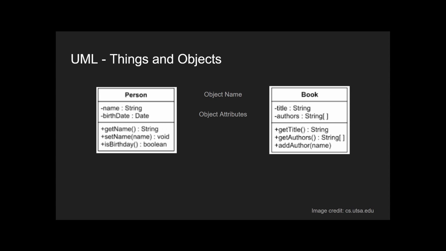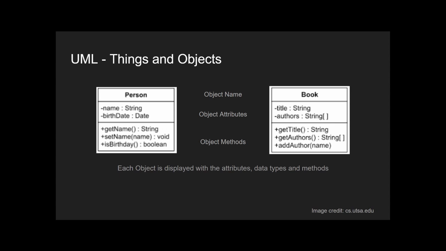We also have object methods. For example, person has a method that returns a string called getName. The method setName does not return a variable because it is a setter method, not a getter method. And the isBirthday method returns a Boolean, either true or false.